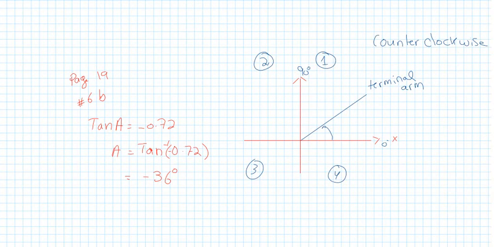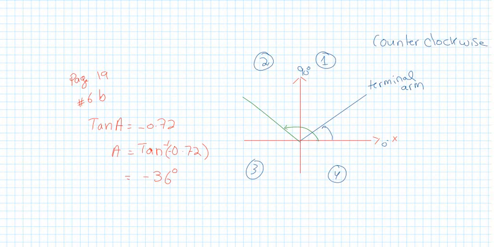Now, if I have a terminal arm in the second quadrant, my measurement is going to be from the positive x-axis to the terminal arm again. What am I expecting my measurement to be? Between 90 and 180, right?